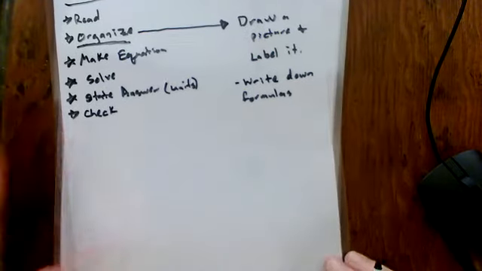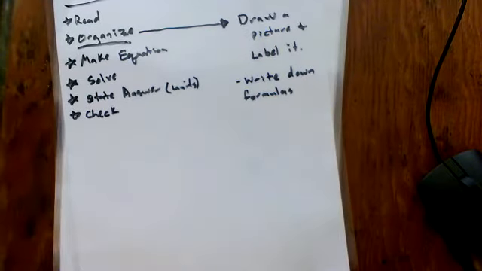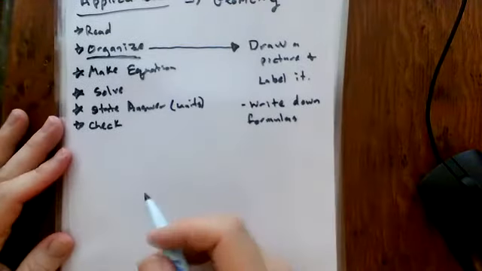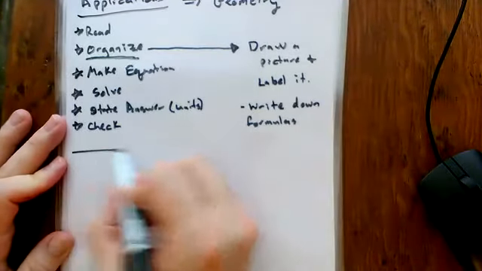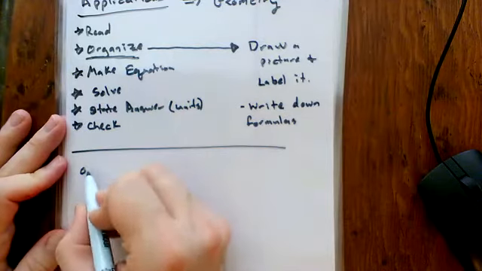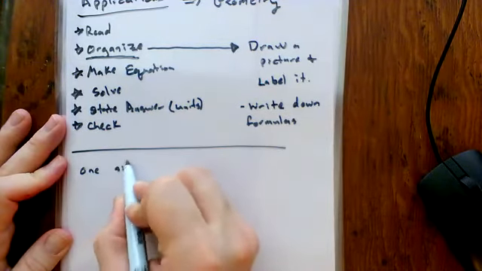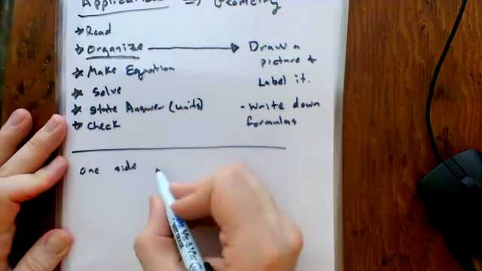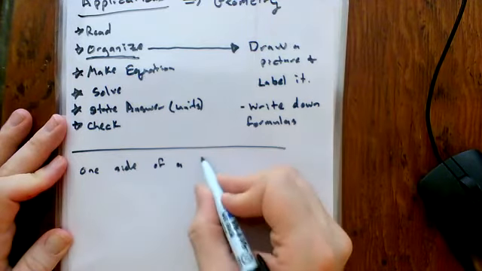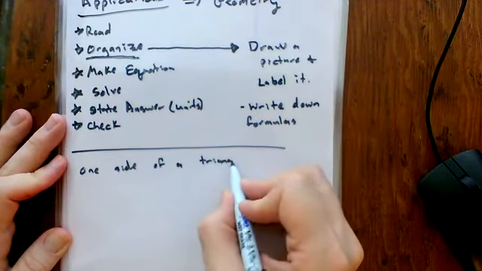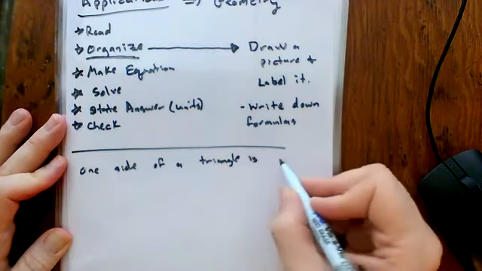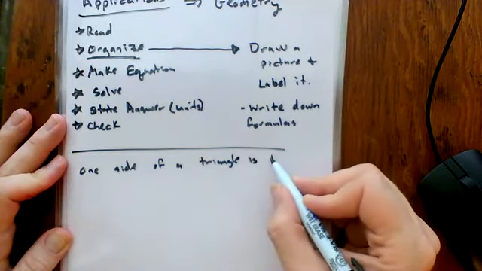Now let's start with a triangle. One side of a triangle is 3 times the shortest side.